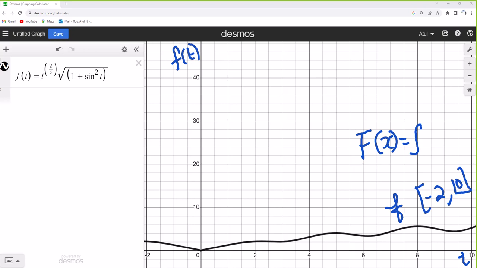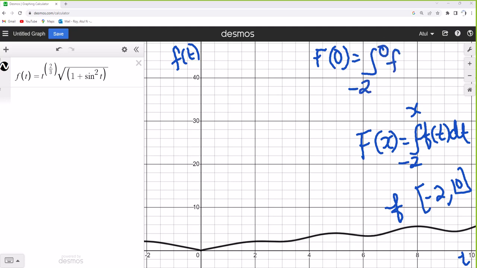If I look at, for example, the value of the function big F at 0, that will be the integral from -2 to 0 of f(t) dt.